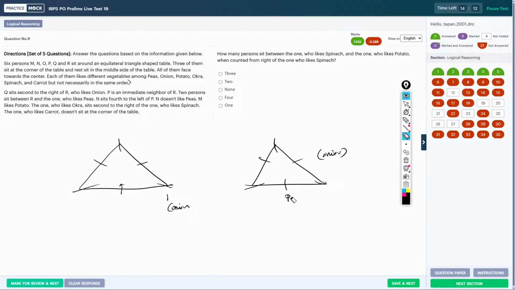P likes onion. And Q sits second to the right. P is an immediate neighbor of R, so R can be here. 2 sit between R and P's. 1, 2. 2 sit between R and the one. Okay, I got 4 possibilities here.